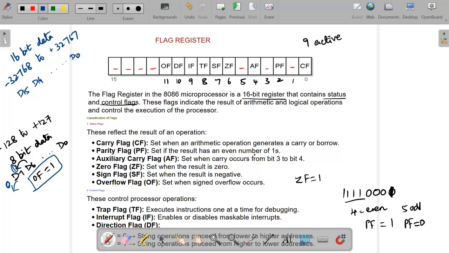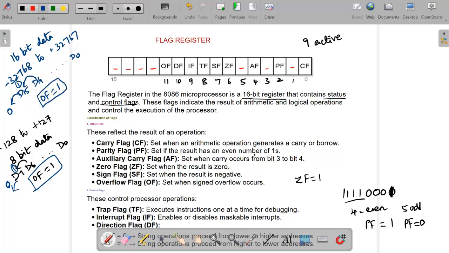Whenever I have a carry of 1 from D14 to D15 and there is no carry from the D15th bit, then the overflow flag is equal to 1.